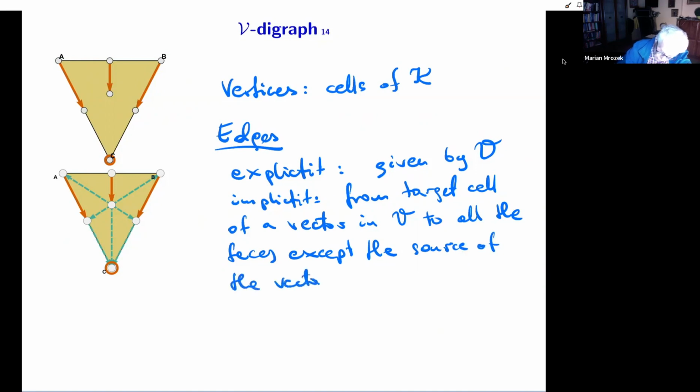And there are also, so I have explicit, implicit, and also loops, loops at every singleton.